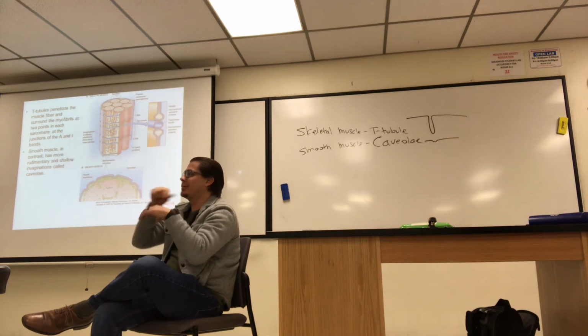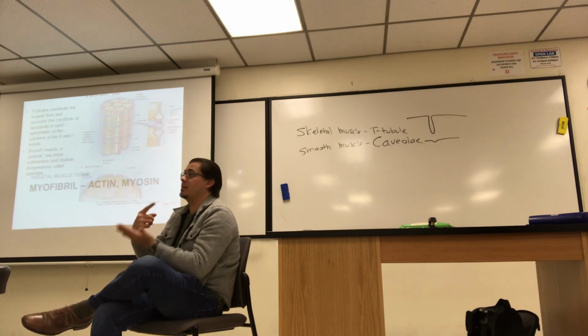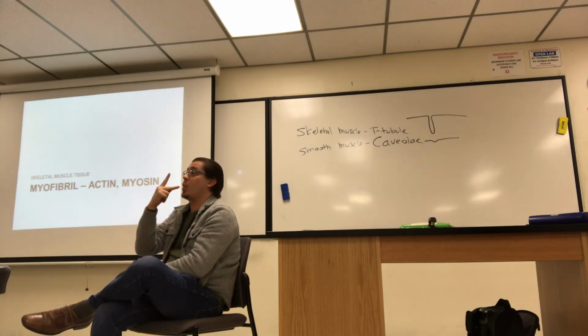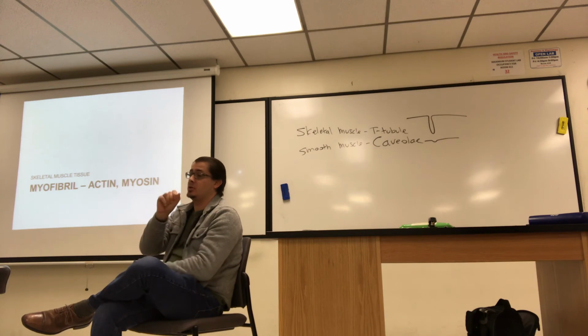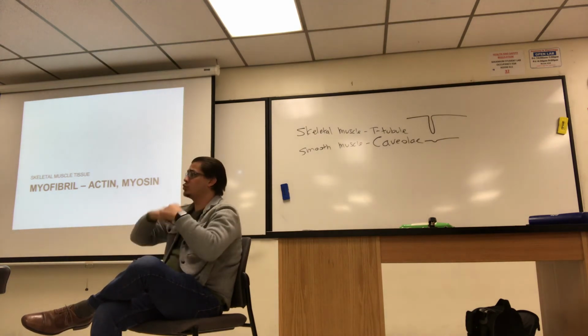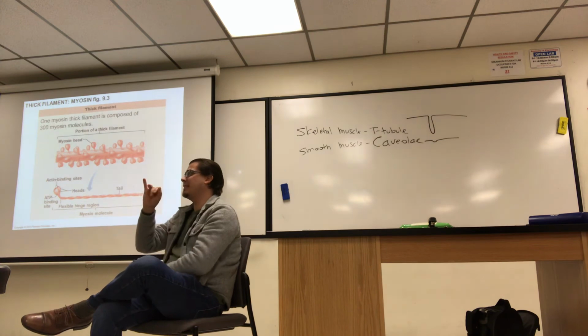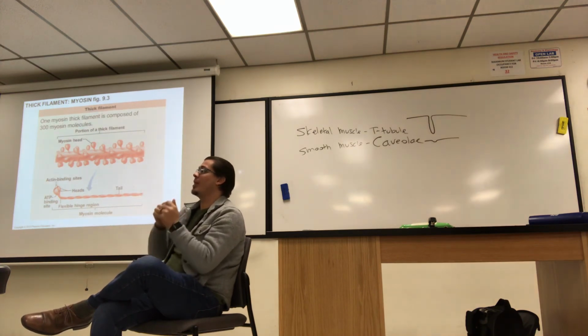All right, so getting back to the contractile proteins. So we looked at sarcomere, we looked at the whole muscle fiber structure, focusing on the triad. But let's just look at the thick and thin filaments by themselves. And the myofibril, start with that one, the thick filament.